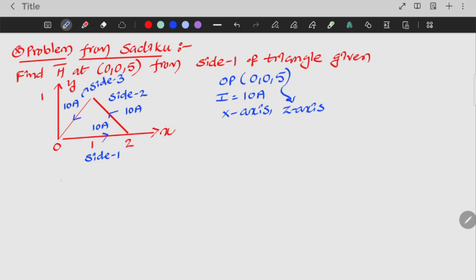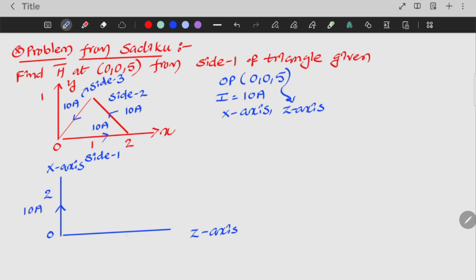I am taking it like this. It is the x-axis, it is the z-axis. The current is passing from 0 to 2. That is 10 amperes current.